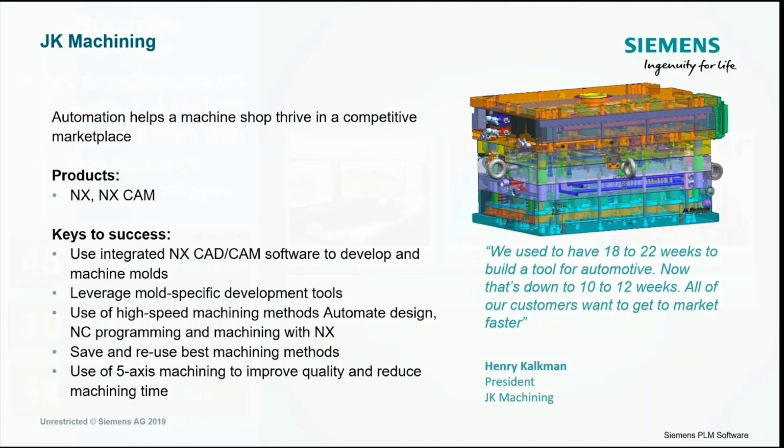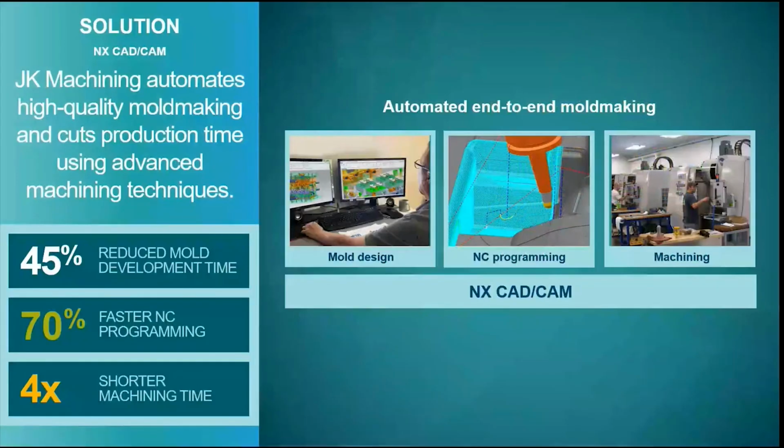So overall, if we look at that as a summary, JK have reduced their mold development time by 45%. The time it took to program all the components inside of the mold and the tool was 70% faster. And as you know, if you're in the mold business, that is a substantial amount of time, especially as Lars was talking about, doing all the plate work.